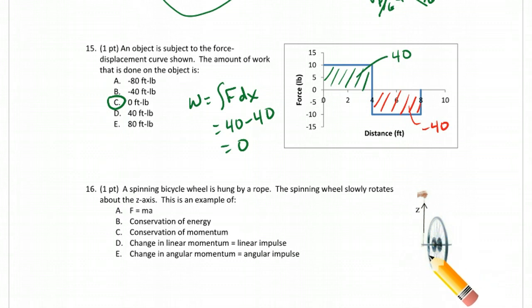So it's not only rotating about the axis of the wheel, but it would rotate about this vertical axis and sort of come out of the paper and then back in and go around this way as the wheel was spinning rapidly. And the way we explain that is that there's actually an angular impulse.